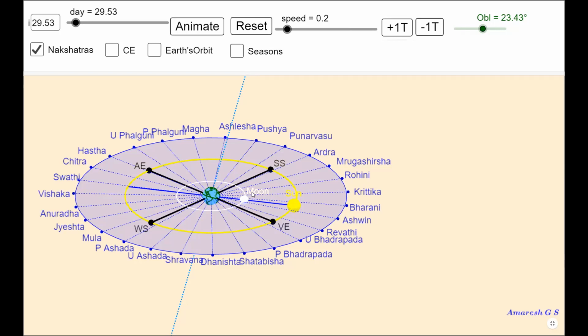So 13 times 2 is 26 and 4 more degrees. So the sun has traveled through 30 degrees, which is to say approximately 2.5 nakshatra. That's what we see here. And one lunar month is complete, and more or less one solar month is complete.